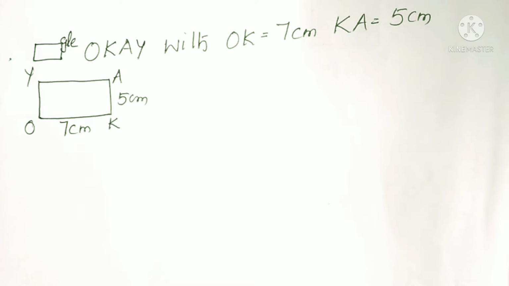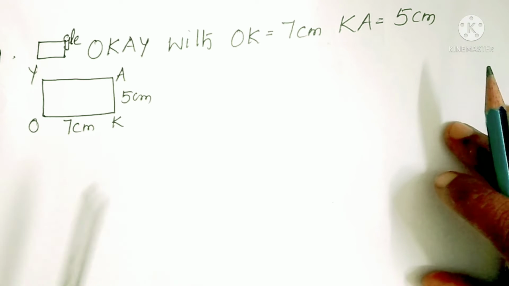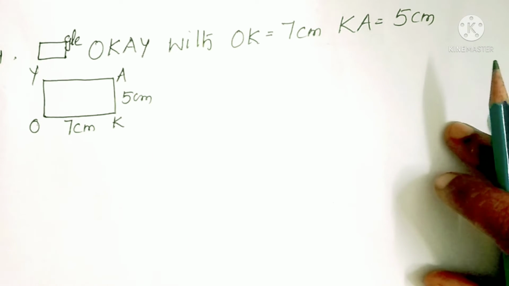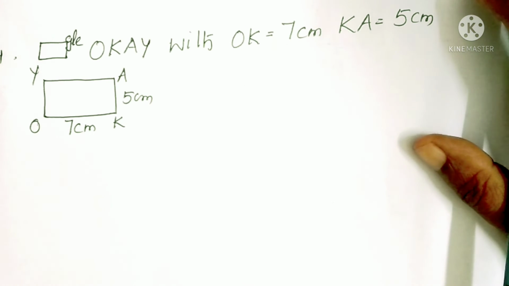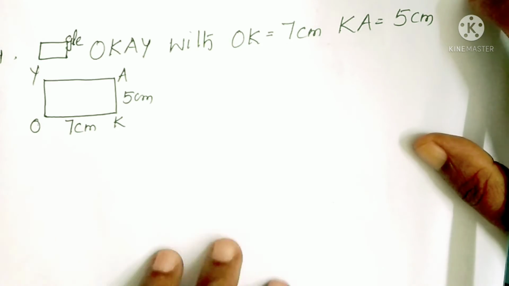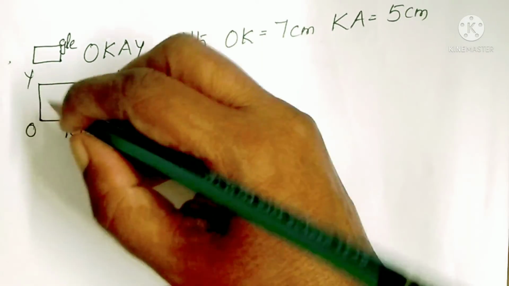It is a rectangle OKAY, with OK 7 centimeter and KA 5 centimeter. So, the rough diagram is already here. Again here only two pieces of information we have, remaining all information you need to get. So, how will you get it? What are the properties of a rectangle? A rectangle has all the angles 90 degree.